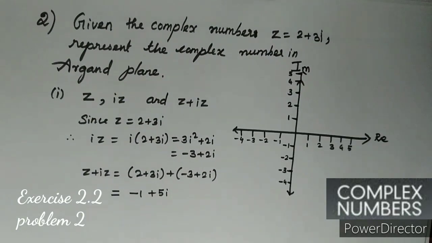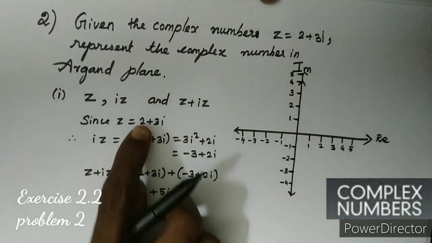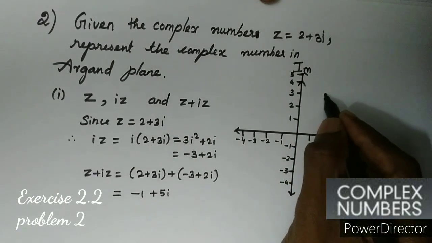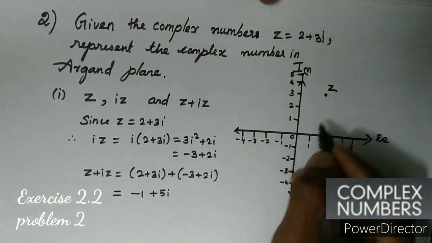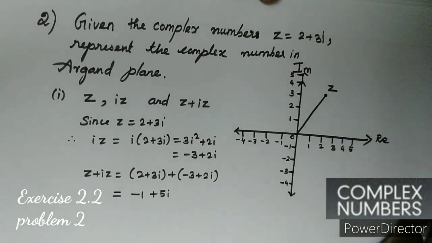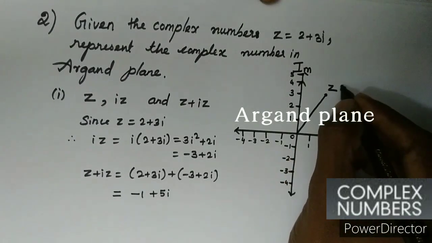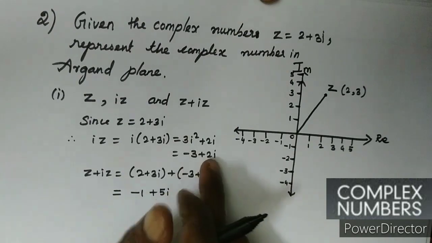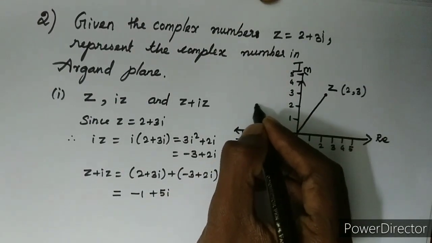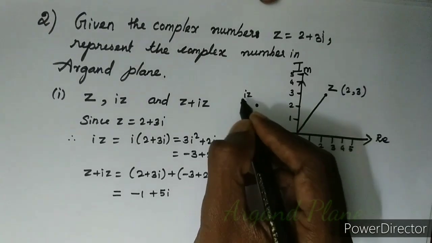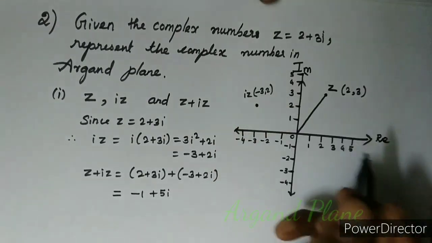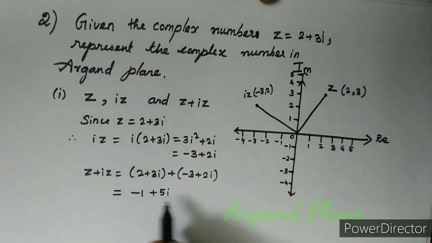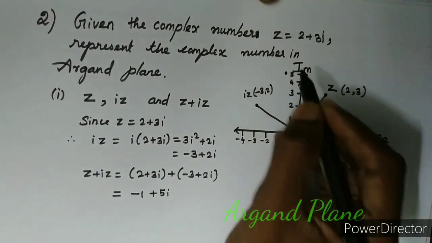Now we want to mark the given complex numbers in the Argand plane. For normal real numbers we use the coordinate plane, but for complex numbers it is the Argand plane. The representation is the same: z value 2 + 3i means (2, 3). iz value −3 + 2i means (−3, 2). z + iz means (−1, 5), x value minus 1 and y value 5.